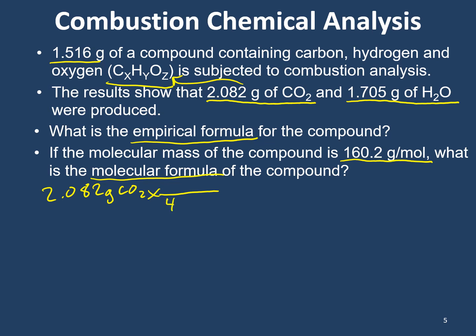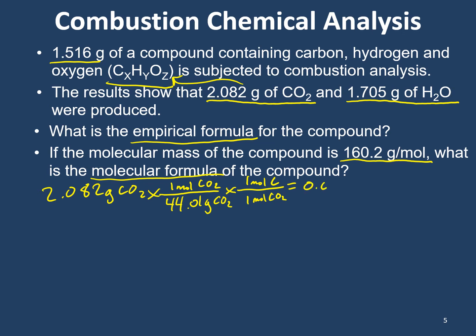The molar mass of CO2 is 44.01 grams of CO2 per 1 mole of CO2. Next, I need to go from moles of CO2 to moles of carbon, like we did in an earlier lecture video. We have to create a mole-to-mole ratio of carbon to CO2. I know that 1 mole of CO2 contains 1 mole of carbon, and I want to hit equals here and calculate this value.